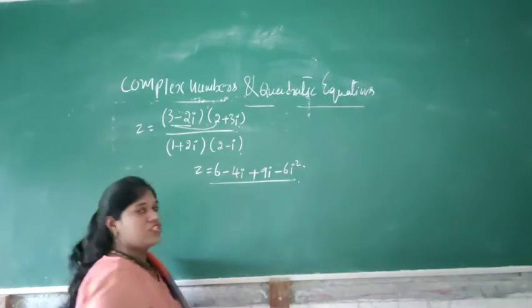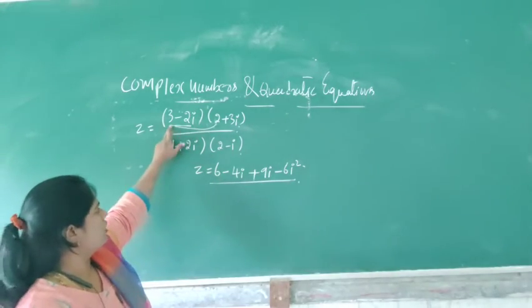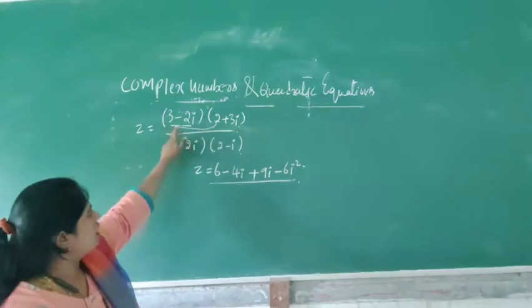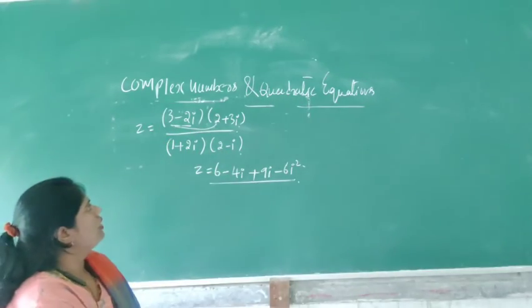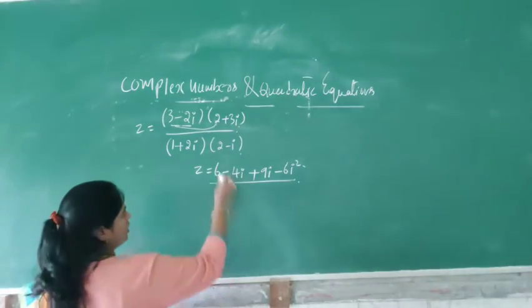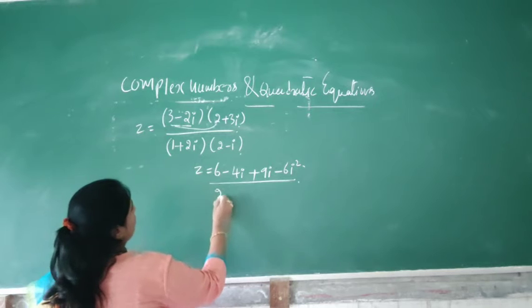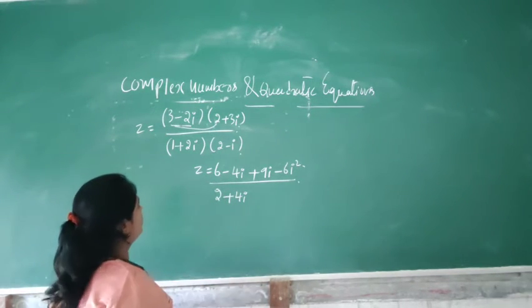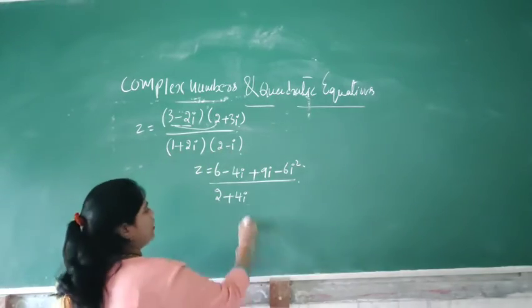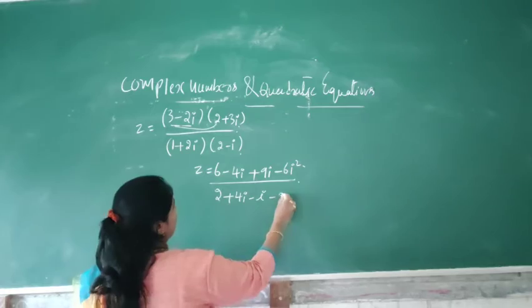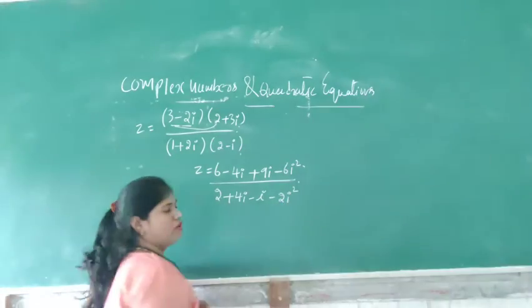You just check it. 2 threes are 6 minus 4i plus 3 threes are 9i, minus into plus minus 3 twos are 6i square. So in the denominator, 2 ones are 2 plus 2 twos are 4i, minus i into 1 is minus i, plus into minus minus 2i square.